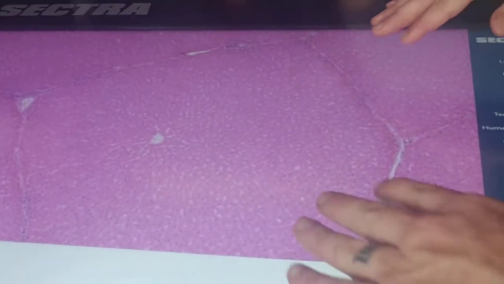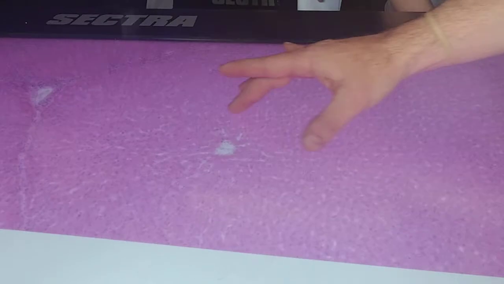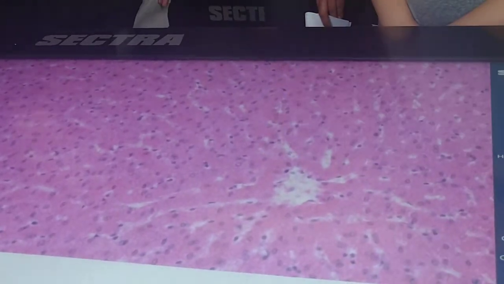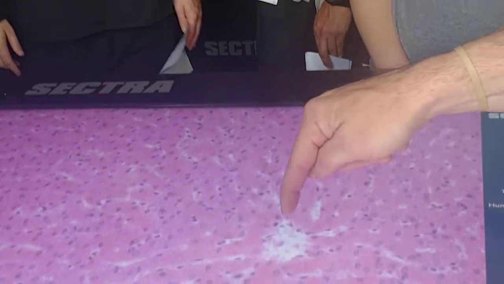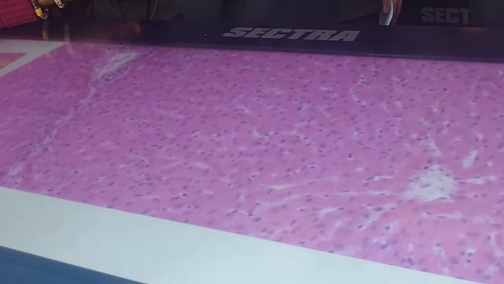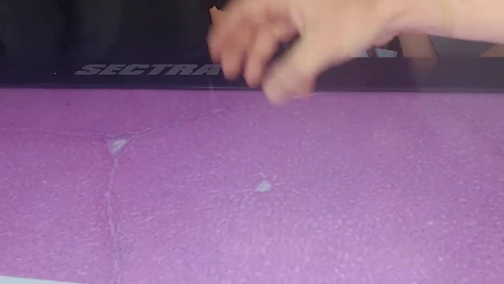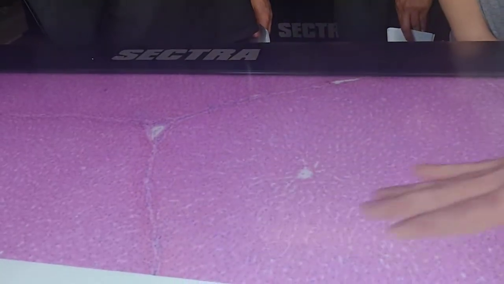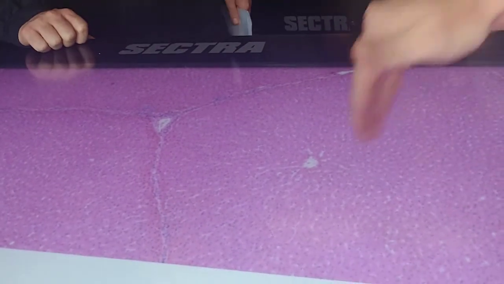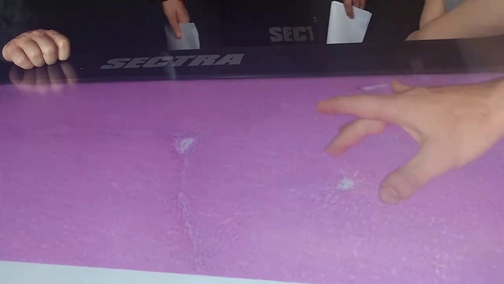Look at where they're all going. They're all moving towards the middle, which is my central vein. That's the central vein, and this is going to go into the vena cava. This is the effluent from the hepatic portal into what will become the vena cava.